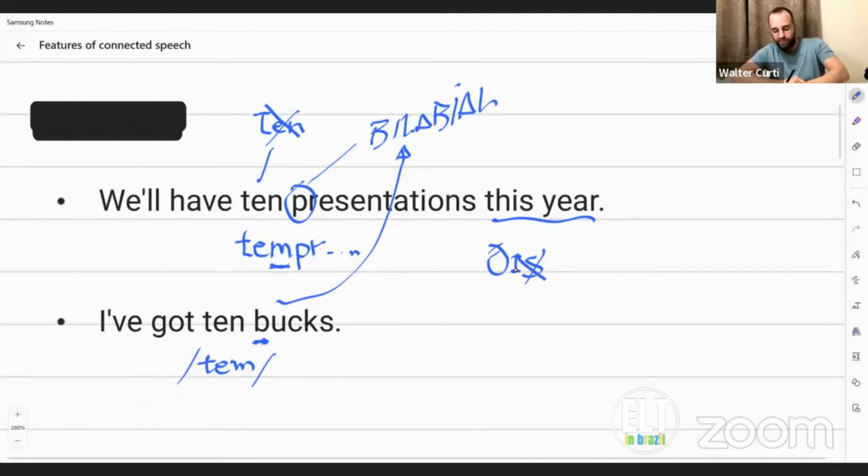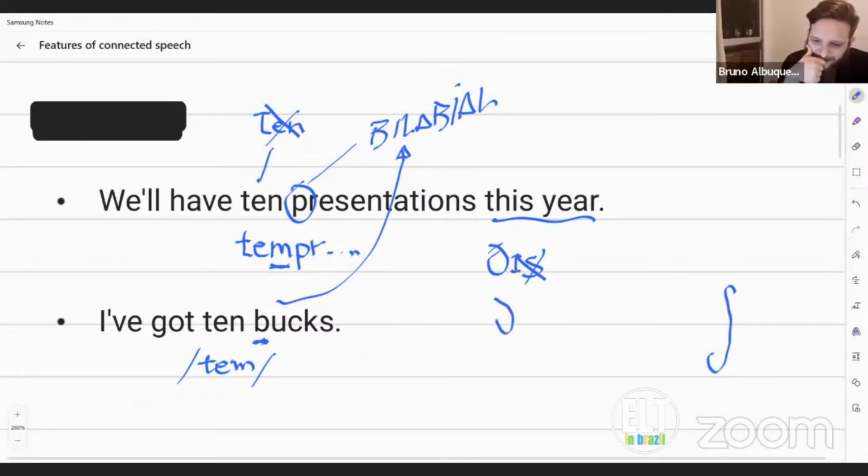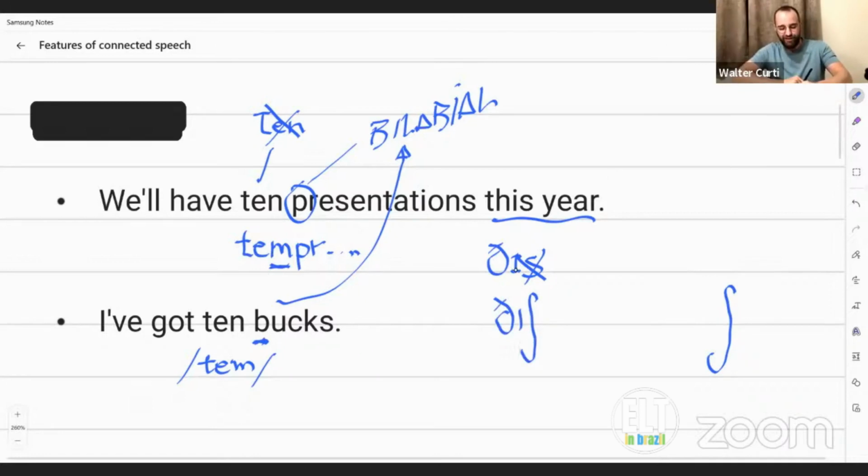You remember that sound from Bruno's lesson, the long sh sound? So yes, you go, everybody, yes, so it's going to go, this year. So we have 10 presentations this year, and that's what it becomes, right?